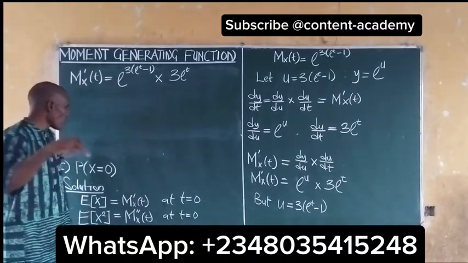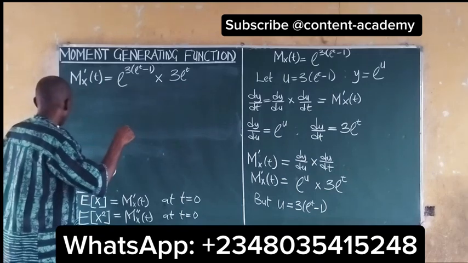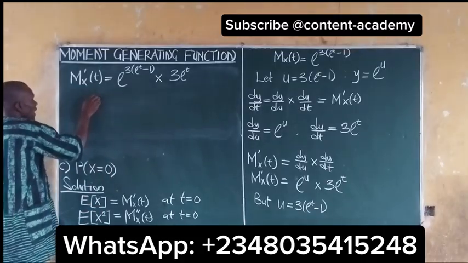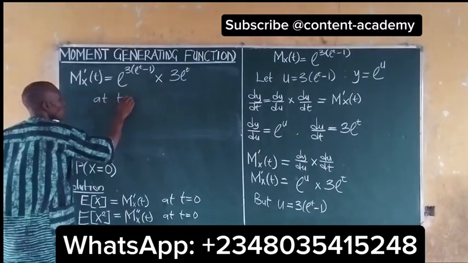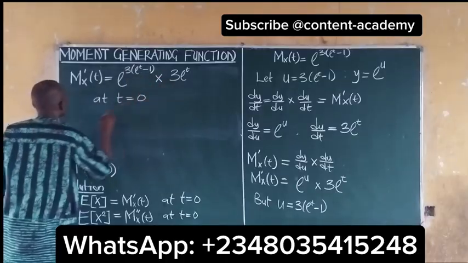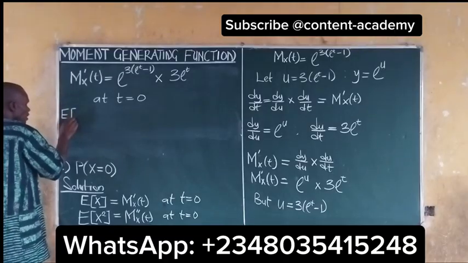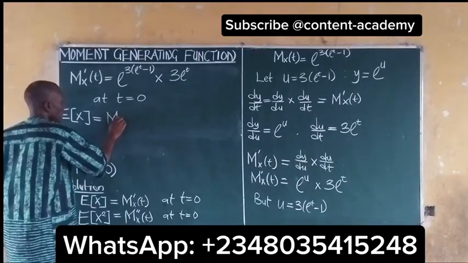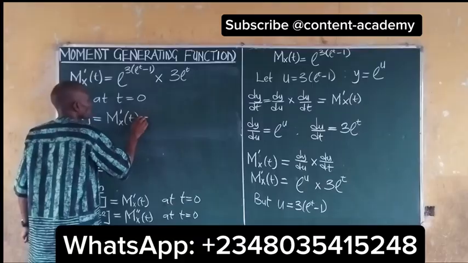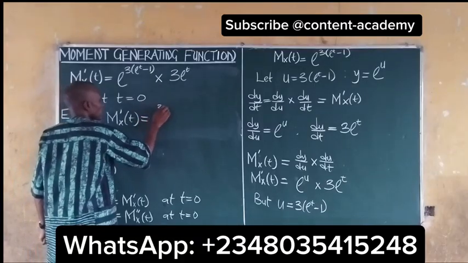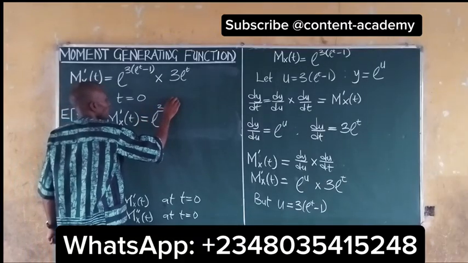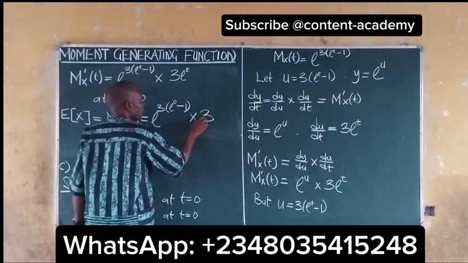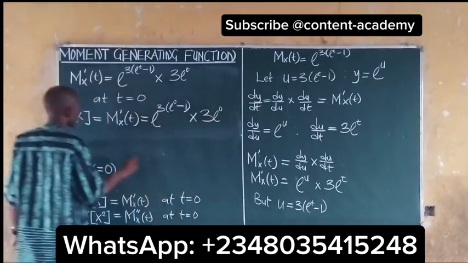Now, for us to get the mean, which is the first moment, we say at t equal to 0. That means whenever we see t, we put 0. At t equal to 0, it gives us the mean, which is equal to our first moment, which is equal to exponential 3(e^0 minus 1) multiplied by 3e^0.